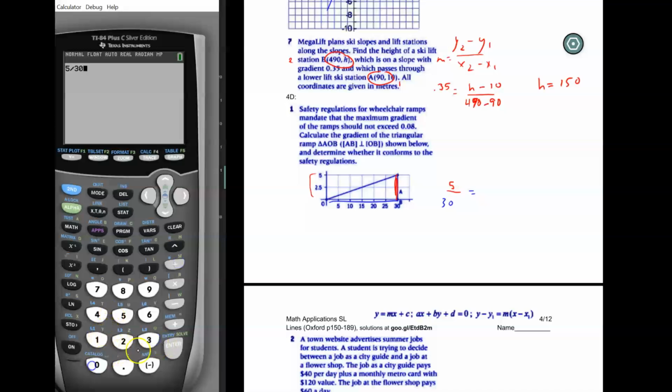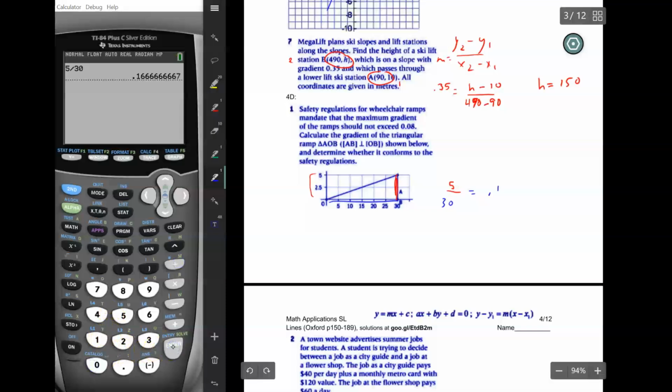We'll see exactly what it is here. It's 0.167. And we'll check to see, does it exceed 0.08? Yes, it does exceed 0.08. So it does not conform. Okay, all right, that was it for page 3.